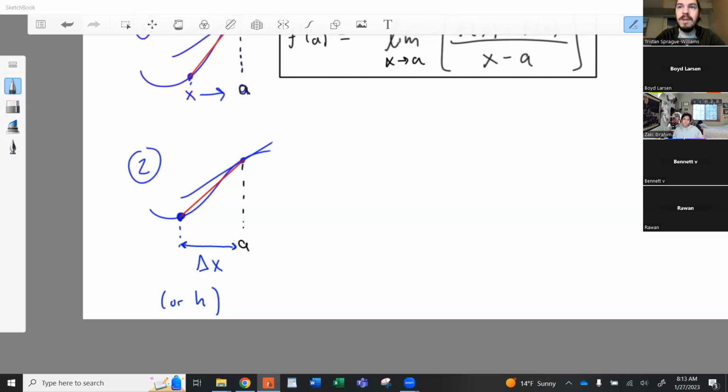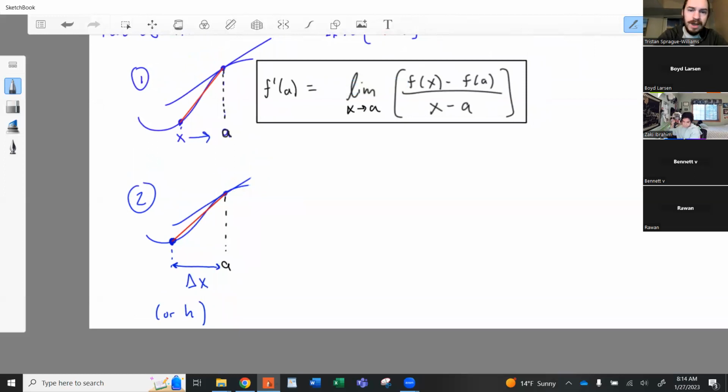The only good reason to use the letter h instead of delta x, and I don't know why the heck it's h, somebody just decided that h was an appropriate letter, is because it's a single symbol instead of two symbols put together. So our textbook uses h, but I'm going to use delta x because I just think delta x is a little bit better. Okay, so if you like, we can write it both ways.